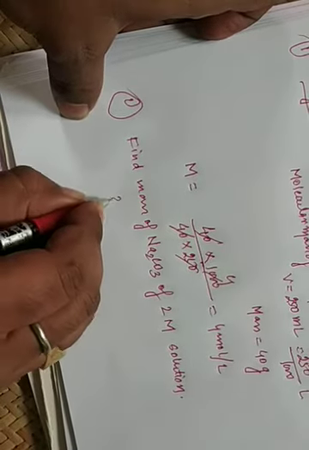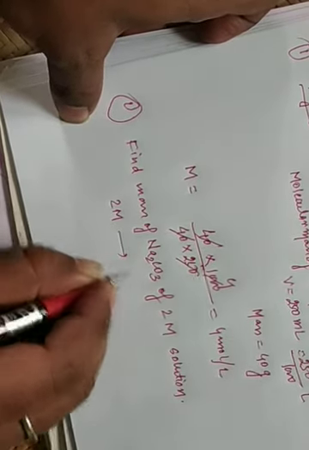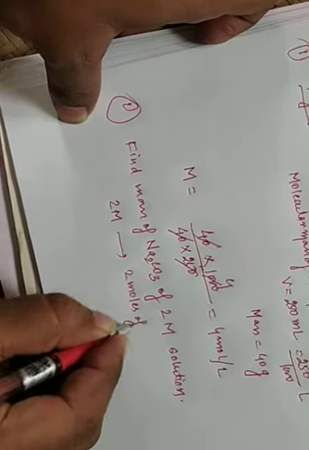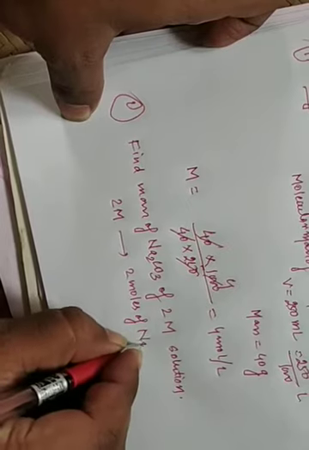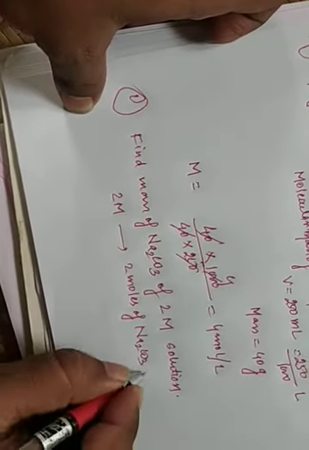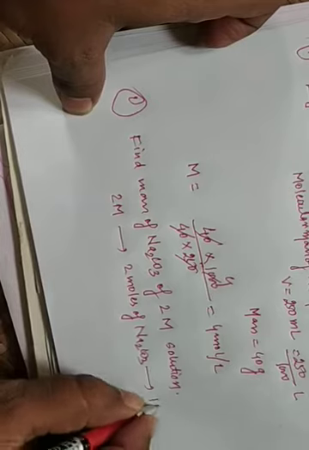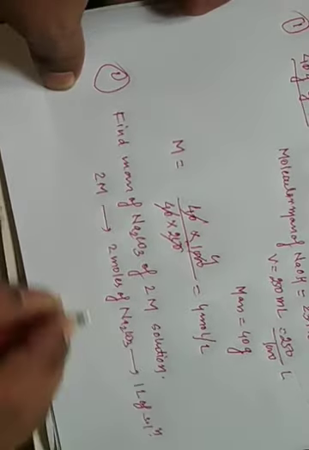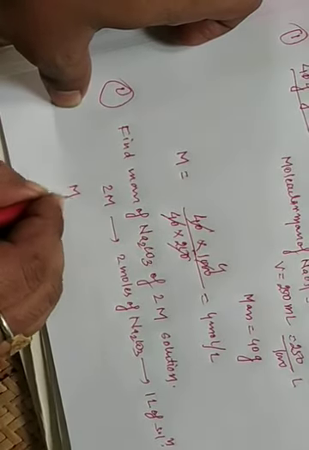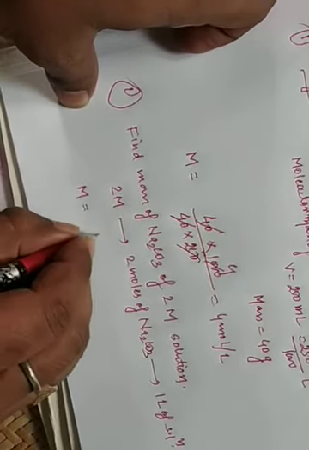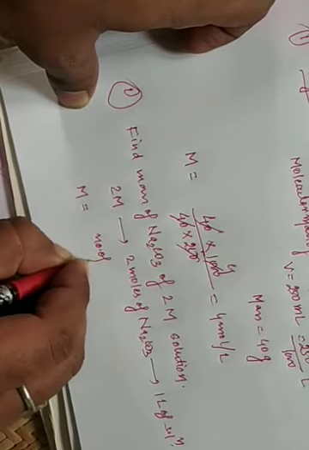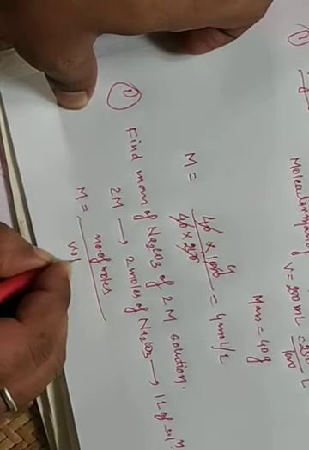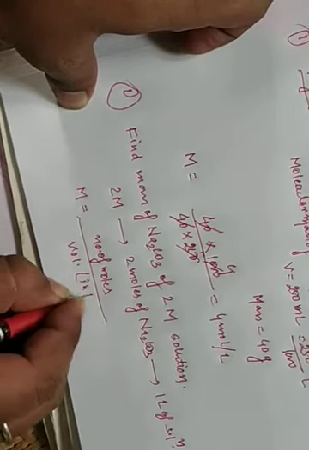So first you write down what is a 2 molar. 2 moles of solute, solute is what? Na2CO3, present in 1 liter of solution. Clear? So you have the molarity formula. Molarity is equal to what? Number of moles upon volume of solution in liter.